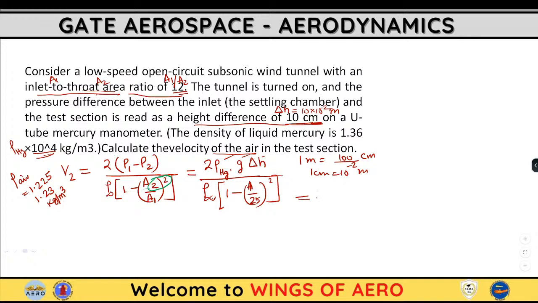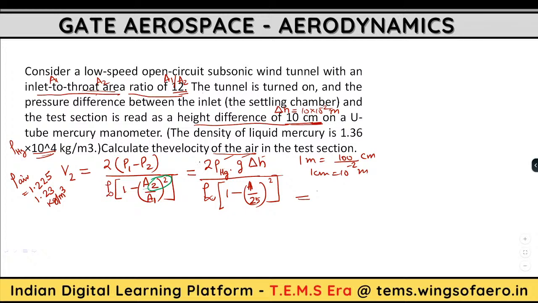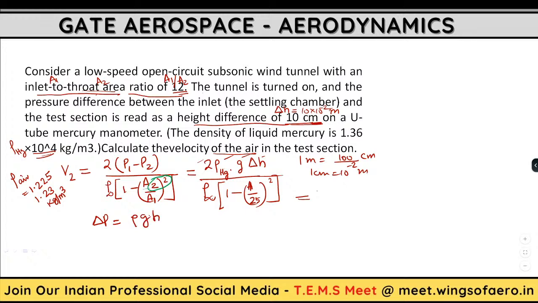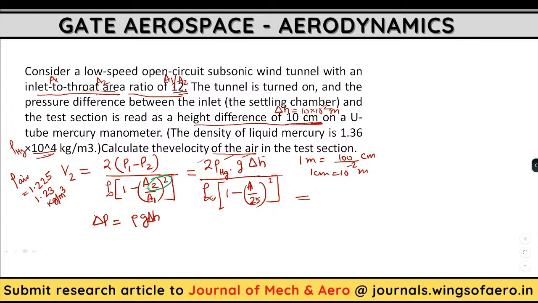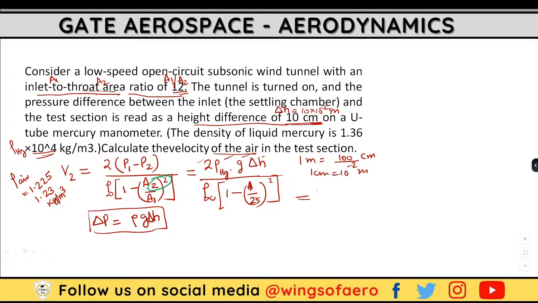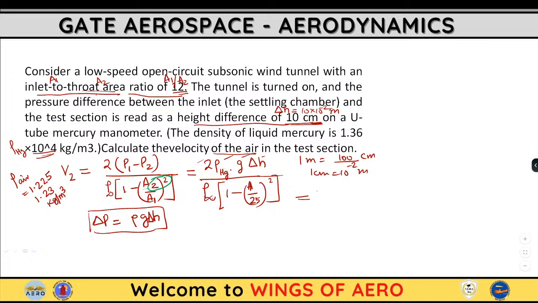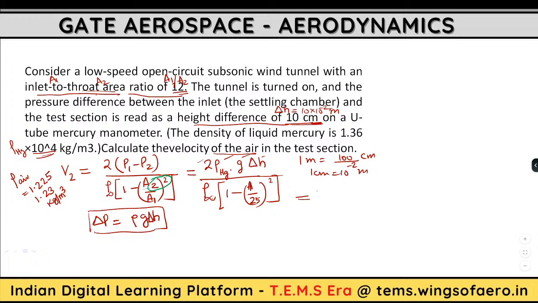The second formula, in the sense, this one. See, the change in pressure is rho g h. Okay, rho g into del h. This concept came from Pascal's law. Change in pressure equals rho g del h. Okay, okay, ma'am.